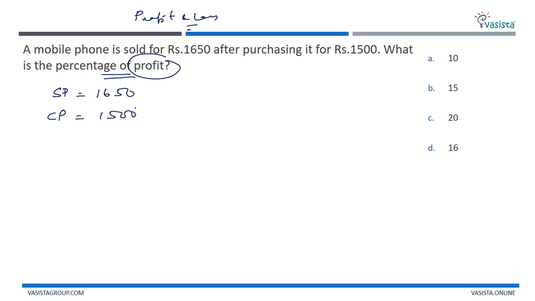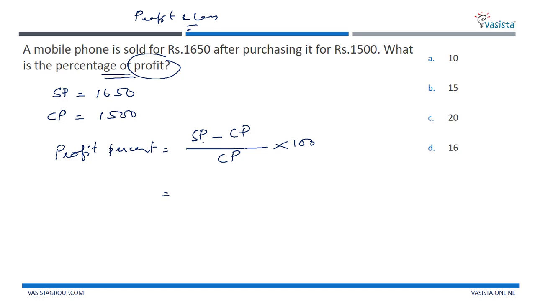Now see, you know what profit percent is, right? You recall the formula. Profit percent is equal to selling price minus cost price, that divided by cost price into 100, correct?